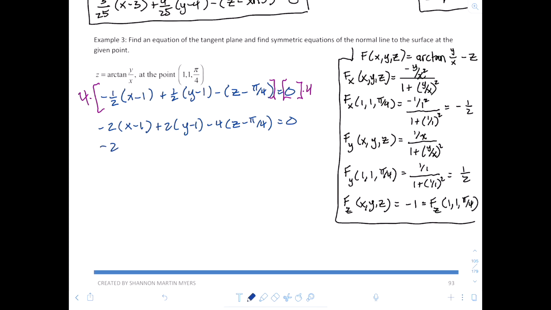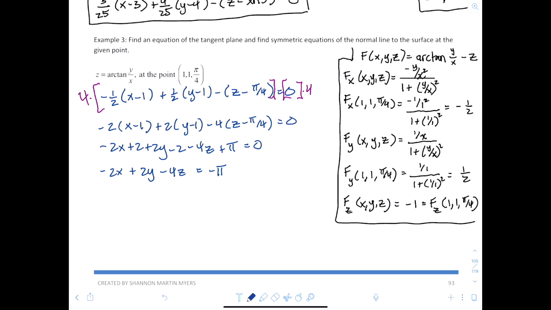So that'll give us negative 2x plus 2 plus 2y minus 2 minus 4z plus pi is equal to 0. And so I will end up with negative 2x, the 2's will cancel out, so plus 2y minus 4z is equal to negative pi.